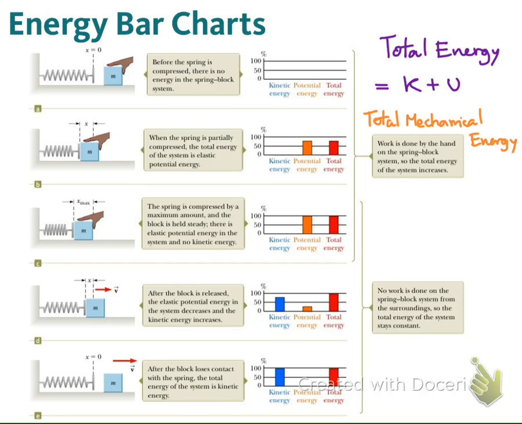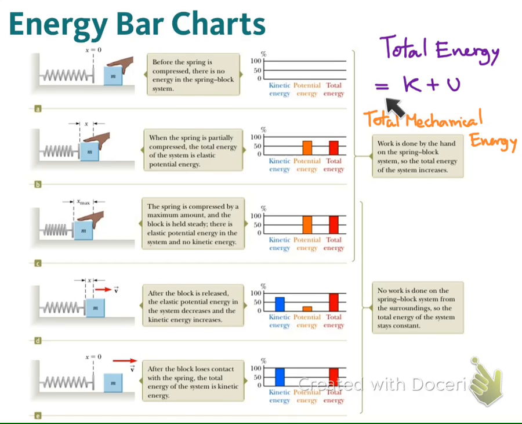But now you can see in this figure everything is 0 because you do nothing to the system. But when you start to push the spring, the potential energy increases, and also the total energy increases, because now the total energy is equal to the potential energy.